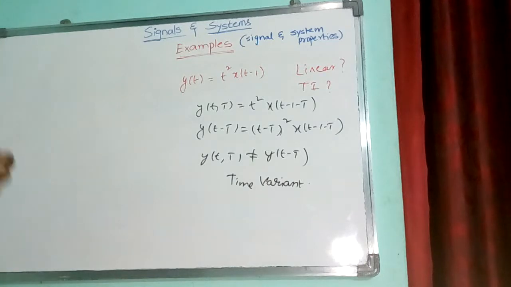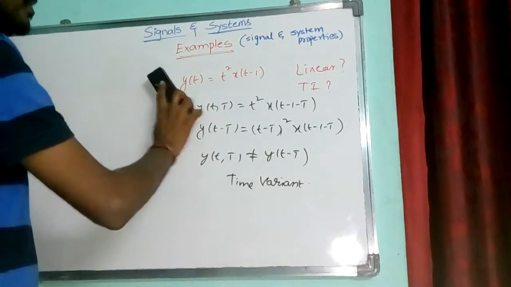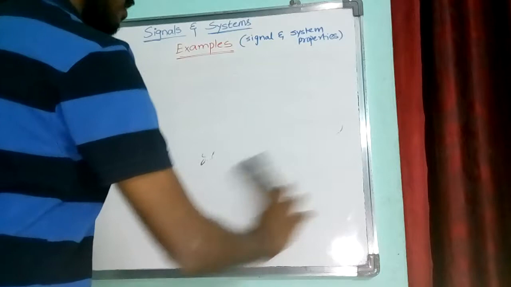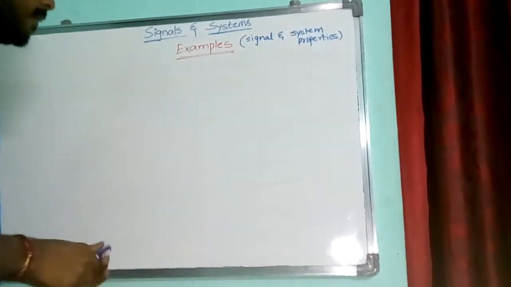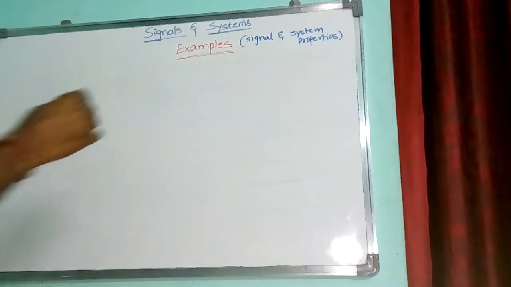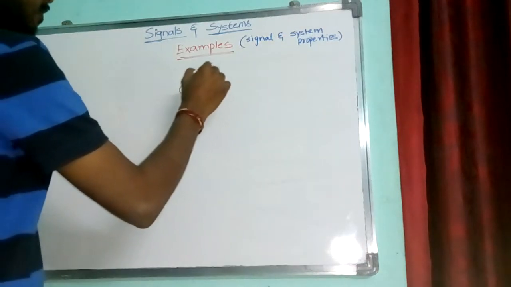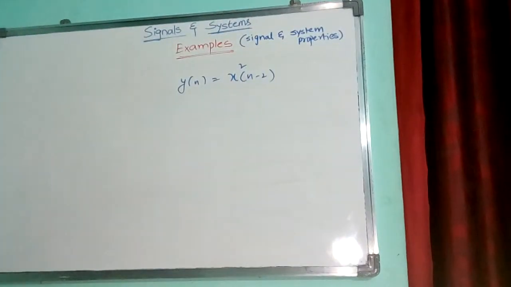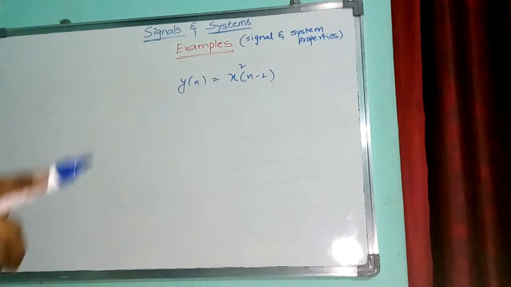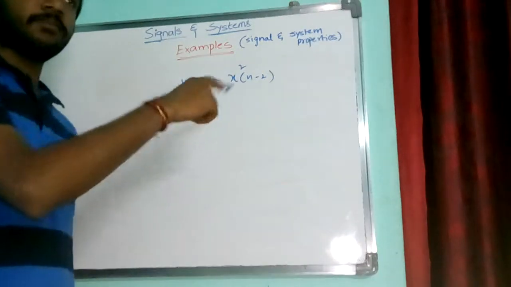Similarly, I'll consider a discrete time signal. Discrete system, then y of n equal to x square of n minus 2. And please don't confuse yourself with the brackets I am putting here.